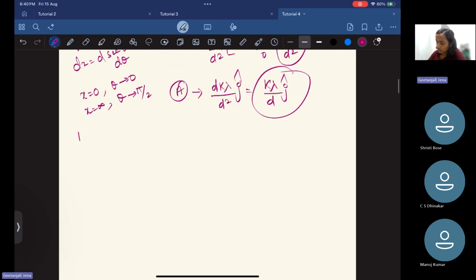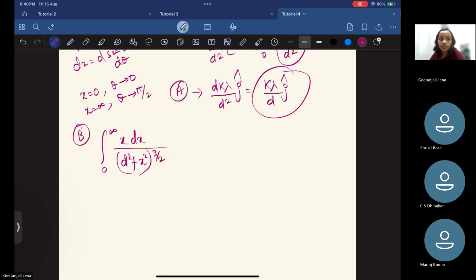For B, you have 0 to infinity x dx by (d square plus x square)^(3/2). So just put this as t square.